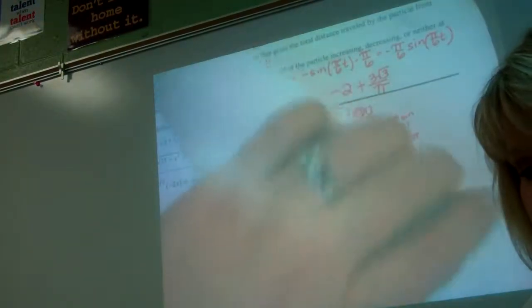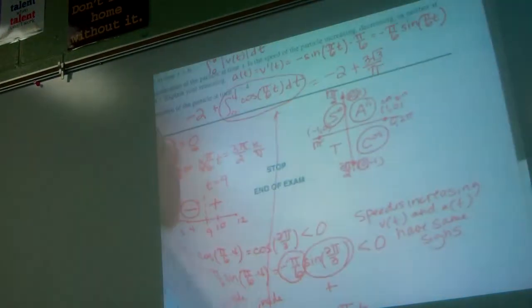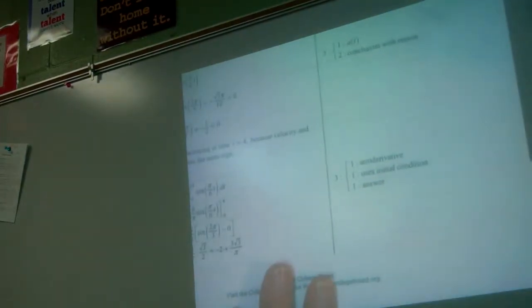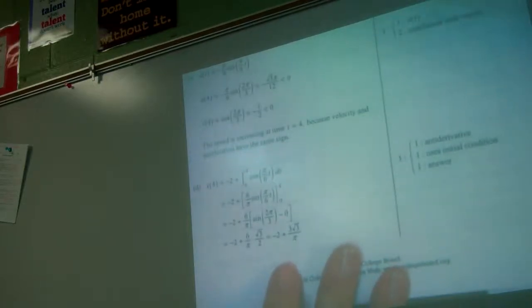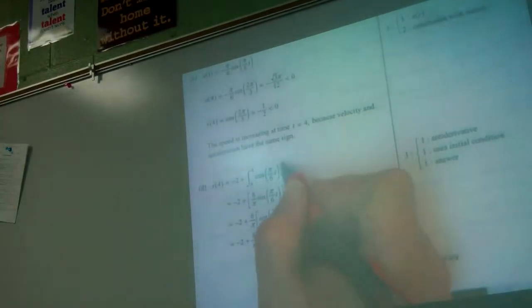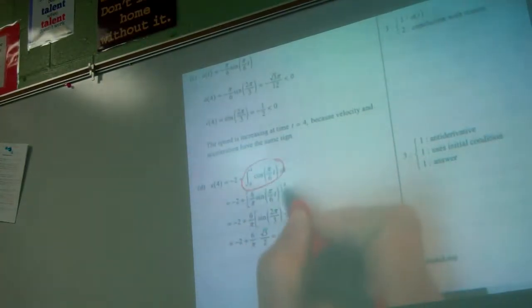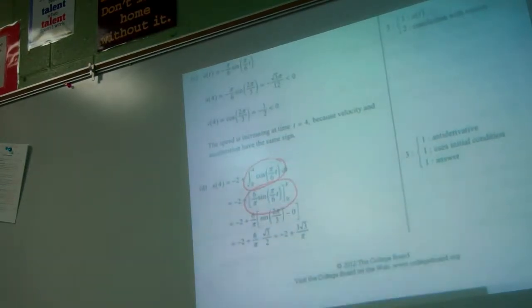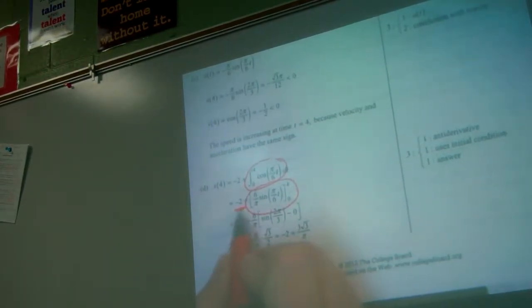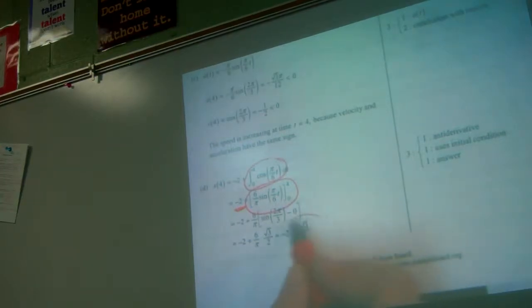And that was worth 3 points. 1 point for integrating this to get this, 1 point for using the -2, and 1 point for getting down to the final answer where you plug in the 4 and the 0.